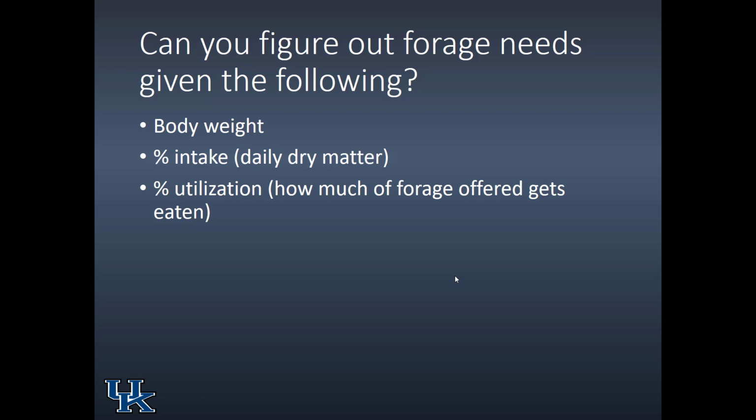So forage is mathematical. I'm going to go through at least one example and then remind you that all of these figures and calculations are present in your Southern Forage Pocket Guide. Can you figure out the forage needs of a livestock class based on the body weight, the percent intake, and the percent utilization?